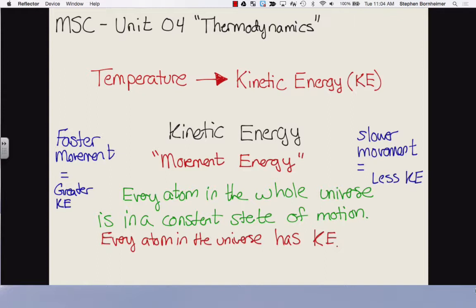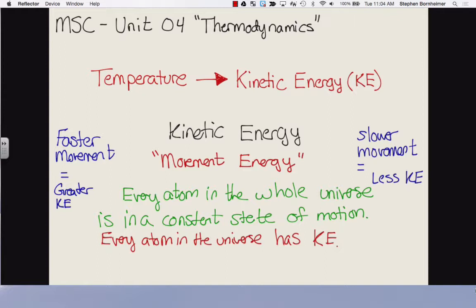So everything is moving at varying speeds. In physics, we analyze it more from a speed or velocity standpoint: how fast it's moving, how slow it's moving, and we can calculate kinetic energy that way. In thermodynamics, we are more concerned with its total energy or its average energy and how that plays into temperature.